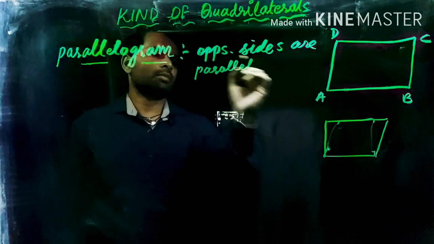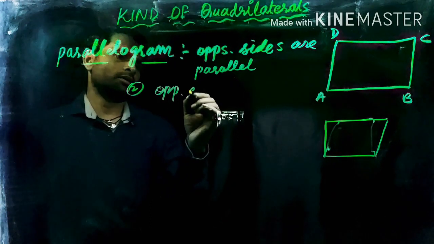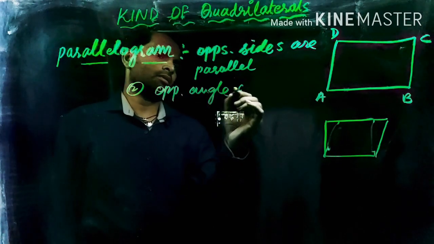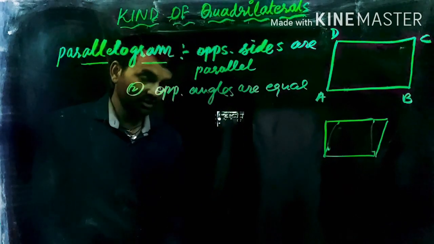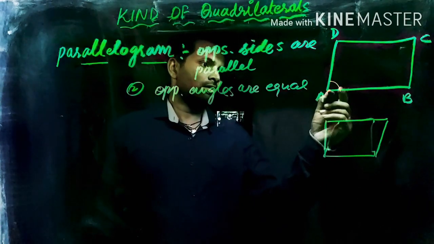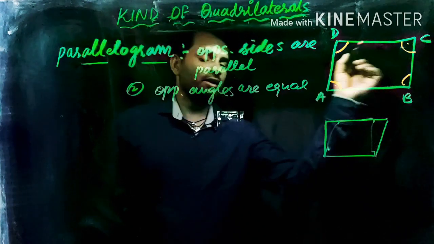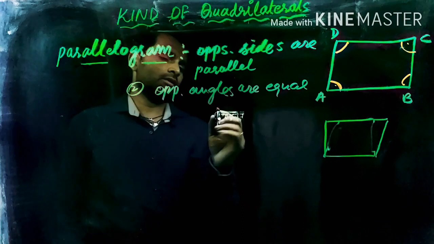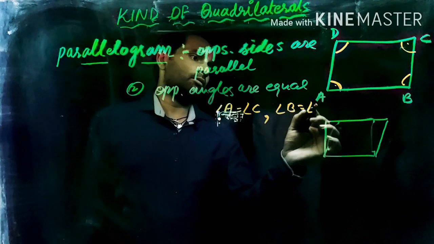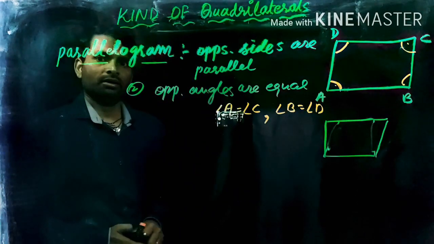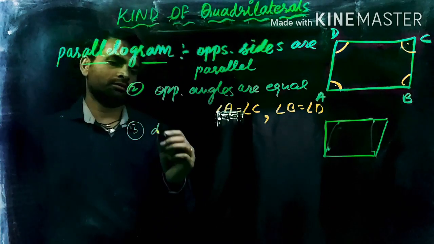Second, opposite angles are equal. It means angle A equals angle C and angle B equals angle D.